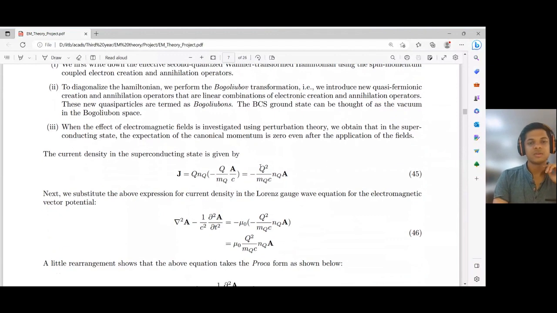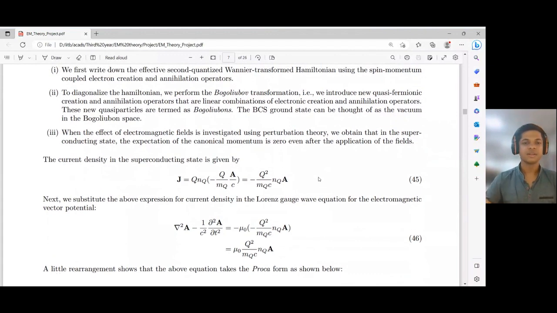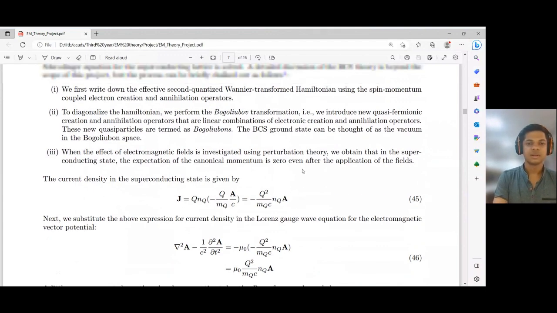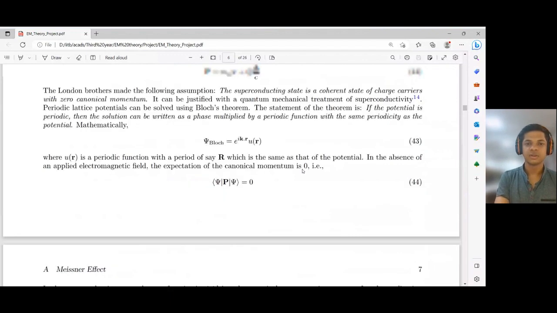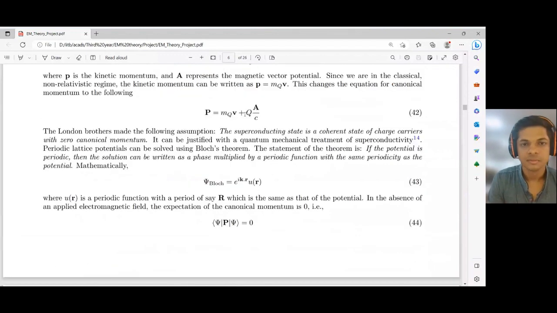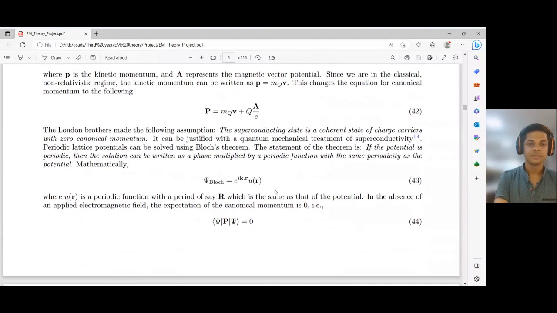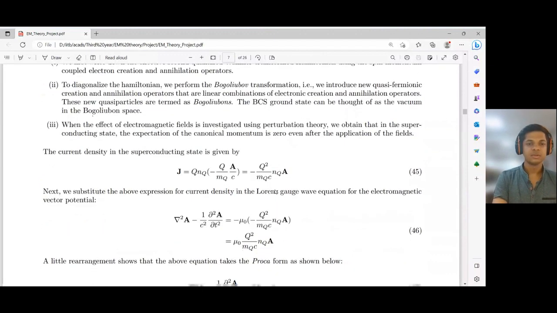Now, the current density. Now that we have justified the assumption, let's use it to further simplify the expression. So J vector. In this expression, the left hand side is 0 in 42. So we know that v vector is equal to minus qA by mc. We substitute that in the J expression and we obtain this.